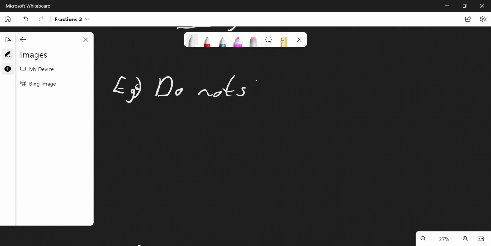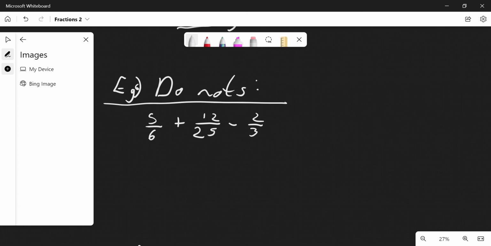Let's say we have 5 over 6 plus 25 over 12, minus, let's say, 3 over 2. A lot of students will mix up these rules with the rules for multiplying and dividing fractions, and they'll do something like this.